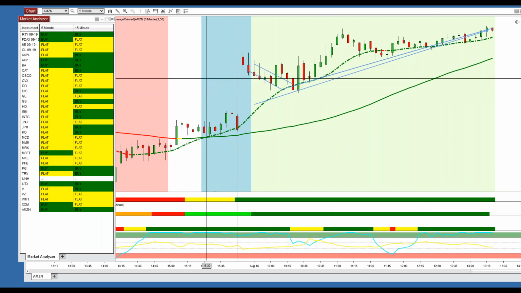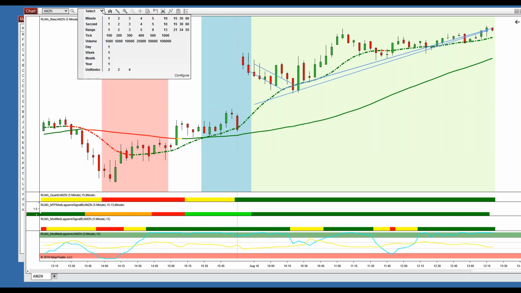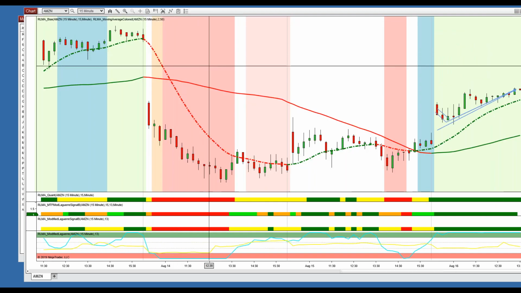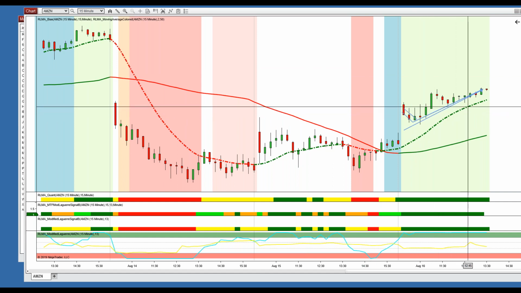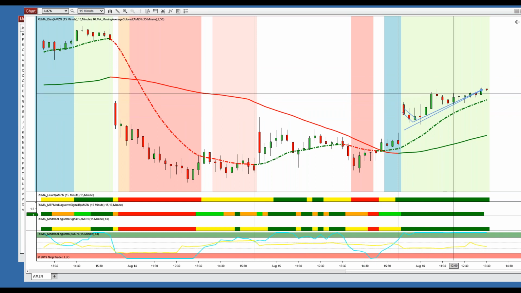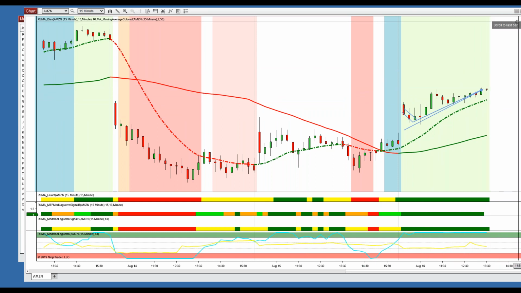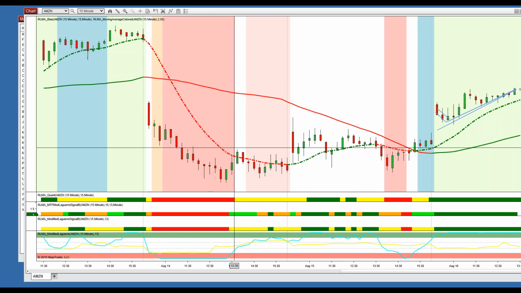And if we want to, since we're getting a buy on Amazon, we're getting a buy also on the 15-minute, we can change this minute to 15. You can see, still have the buy on a 15-minute chart. So I don't think you're ever going to get better entry signals than you will off of this scanner.